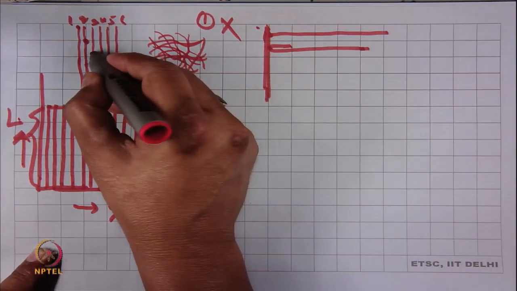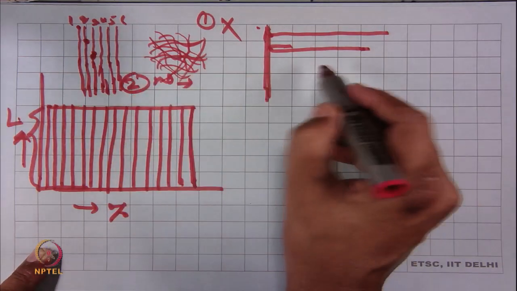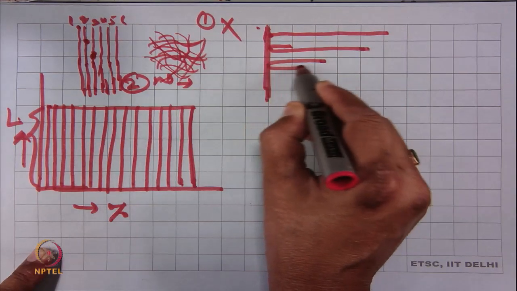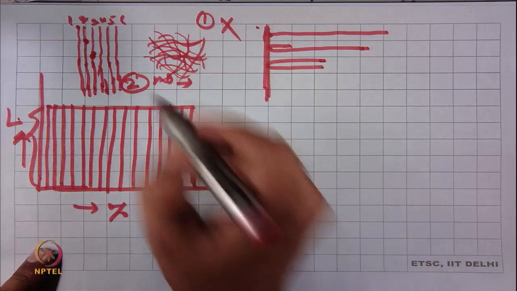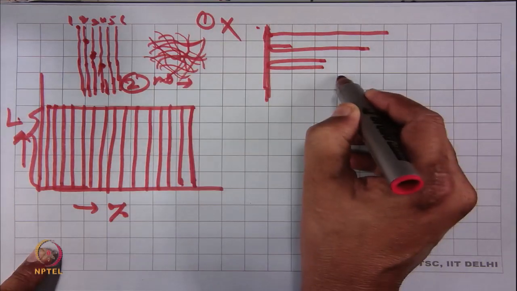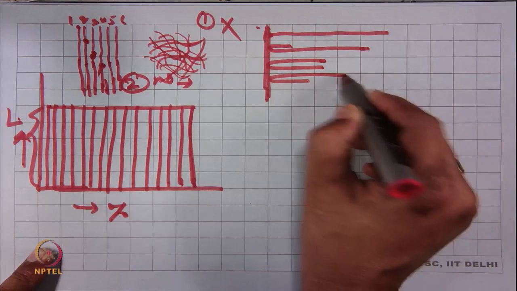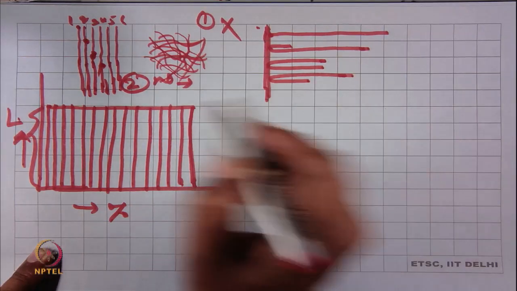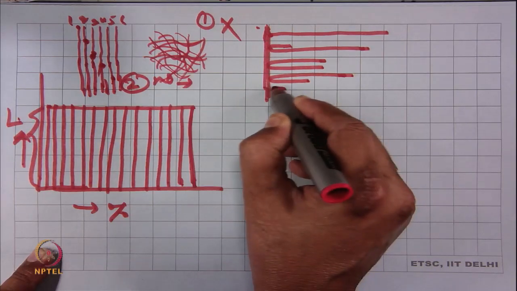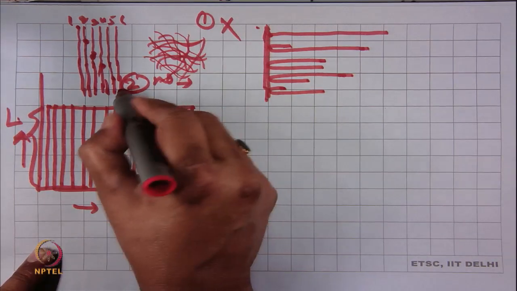Fiber 3 is selected at this point, say at the midpoint. Fiber 4 is selected at this point. Fiber 5 is selected here. Fiber 6 is selected at this point, the end point.